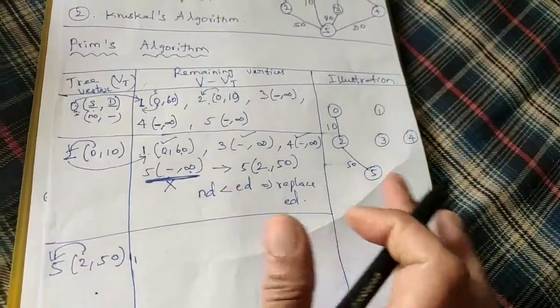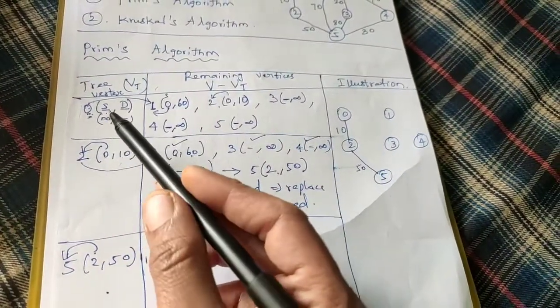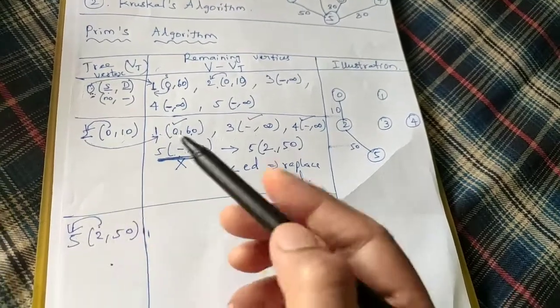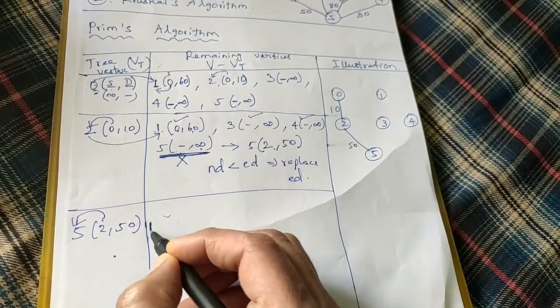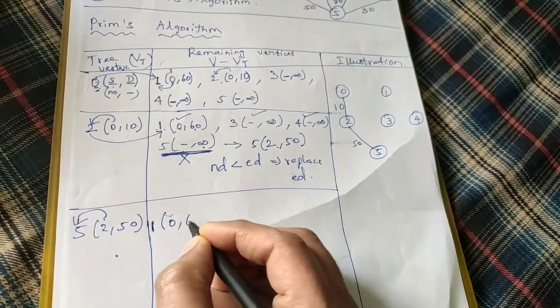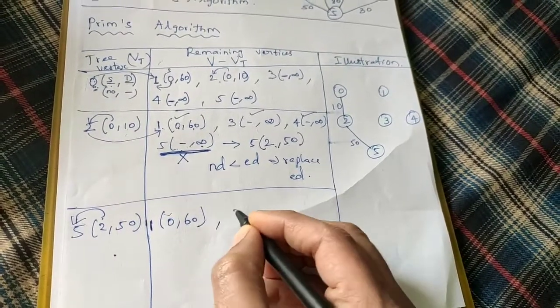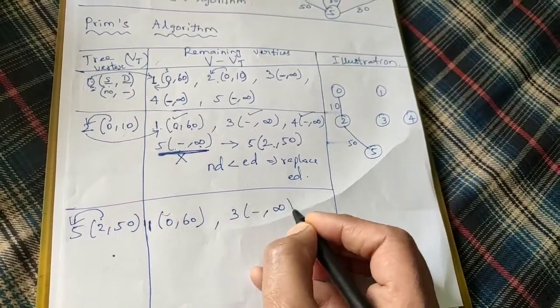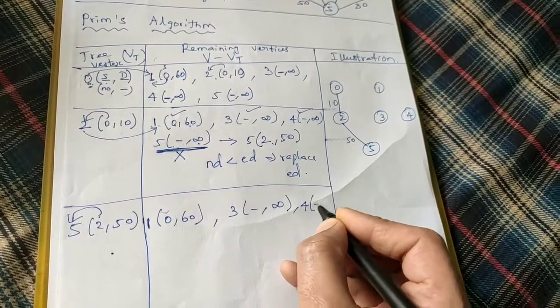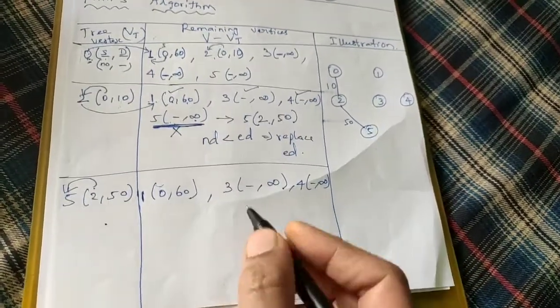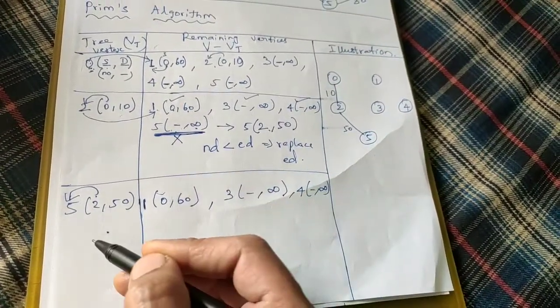Now similarly, other than the vertices 0 to 5, what are the remaining vertices I have? I have 1, 0, 60, 3, nothing, infinity, 4, nothing, infinity. 5 has been visited and it has been brought to the tree vertex.